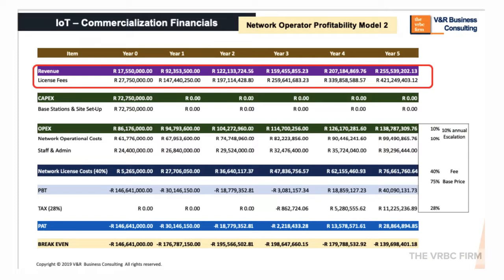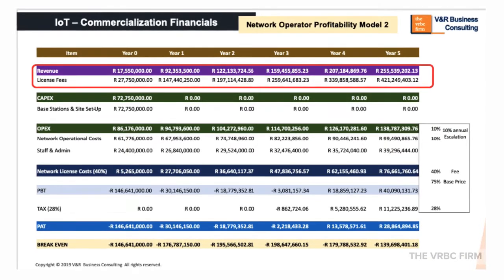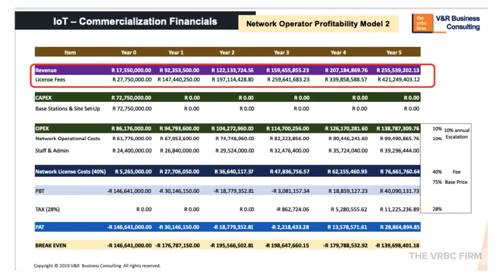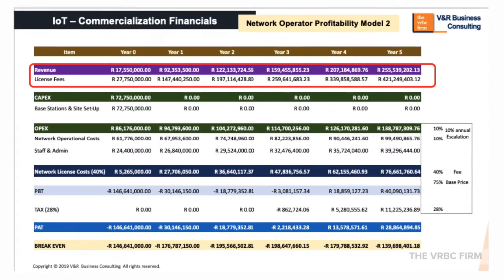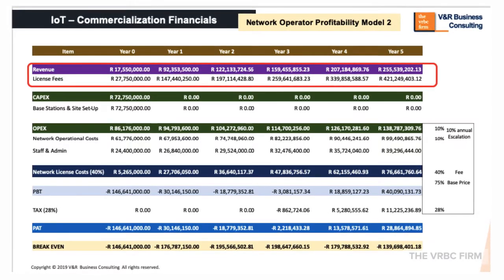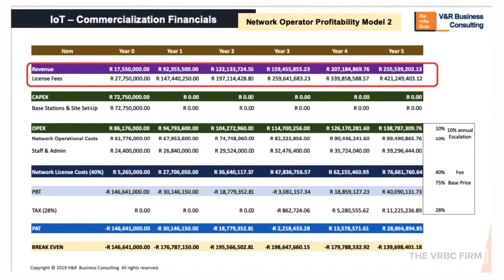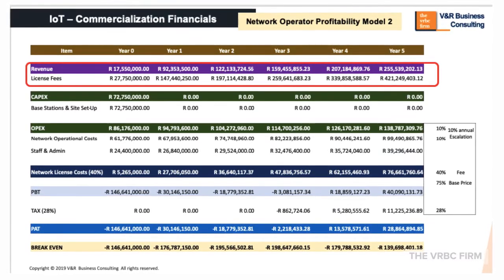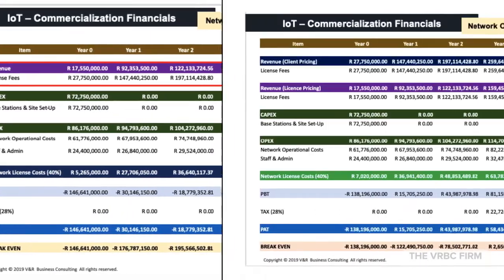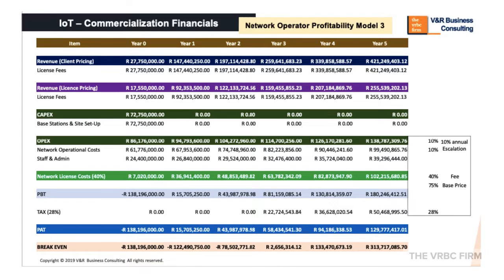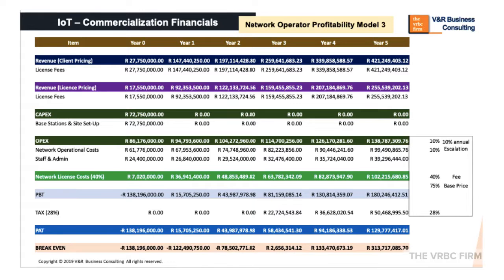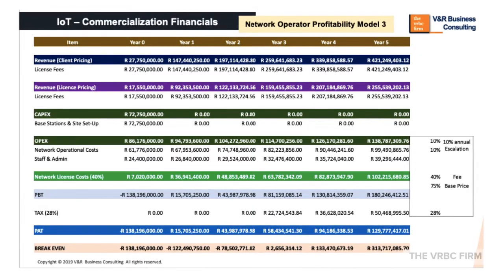And then we reflect a profitability model that is based on the base license fee. We then combine the profitability model at client cost price and the one at owner-operator contract-based price.